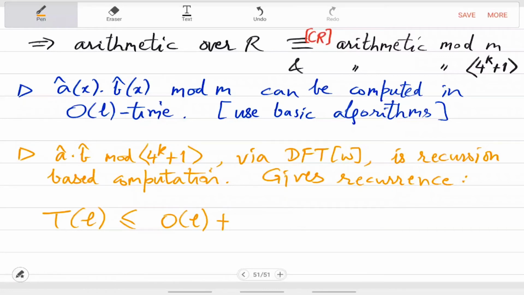So we have assumed that the degree of A hat is m. So you will be computing A hat at m values, at m arguments omega to the i.